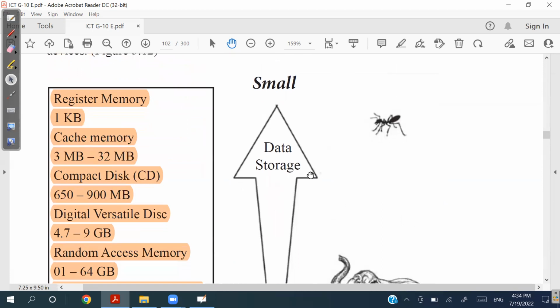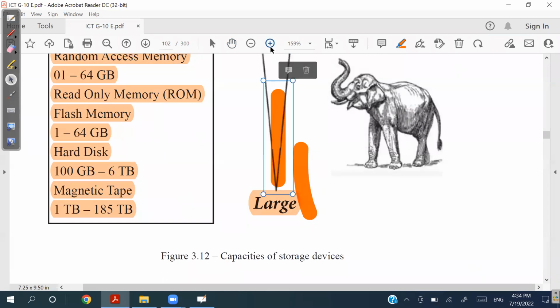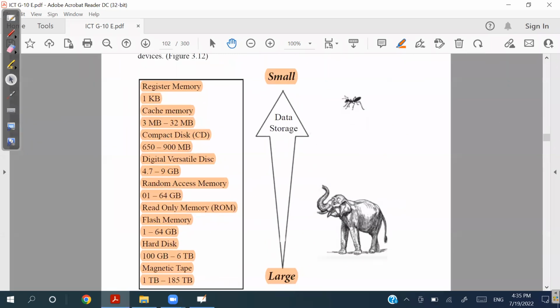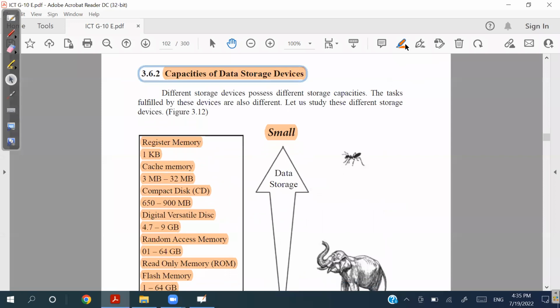It's better you indicate the word small and the word large with the arrow as well, so it will be easier to understand. Have the heading capacities of data storage devices, then copy the list.